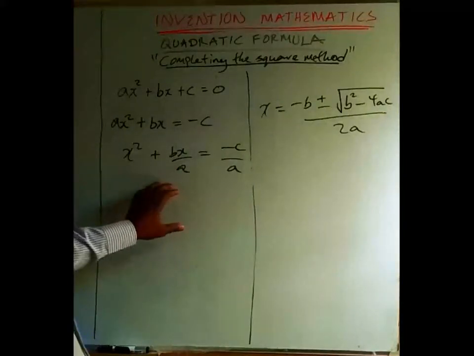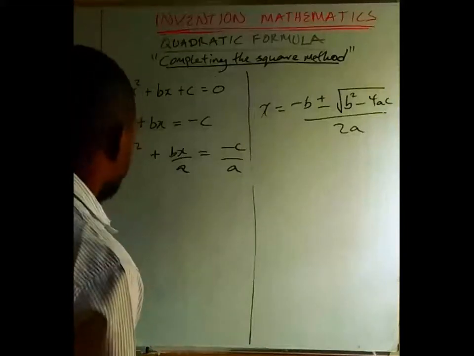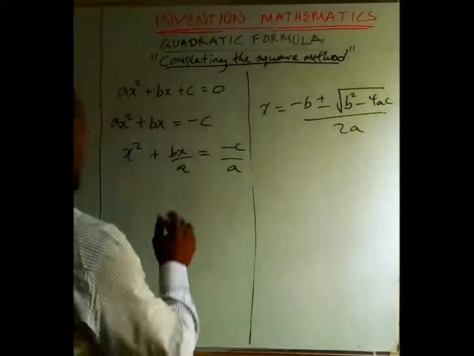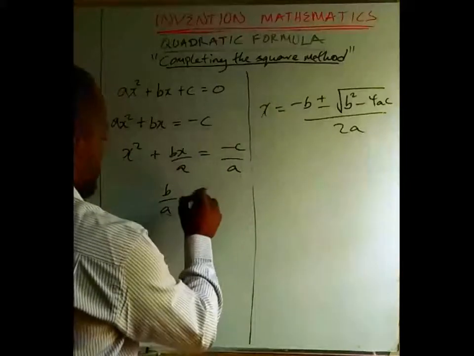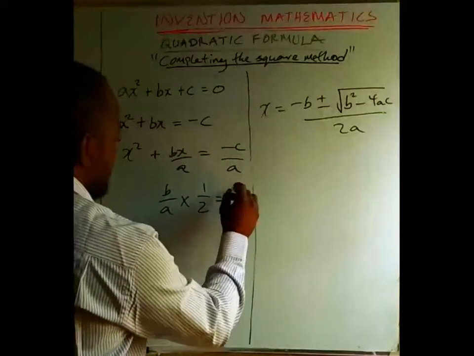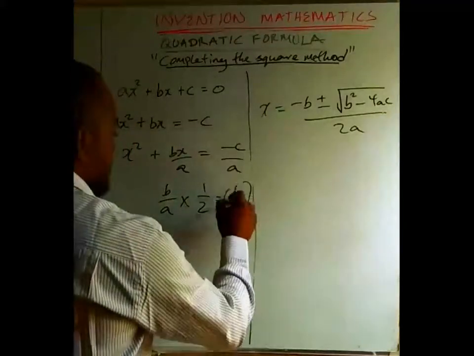This is the point at which we add the square of half the coefficient of the middle term. So here the middle term is bx over a, times half: b over 2a. Then we square it.